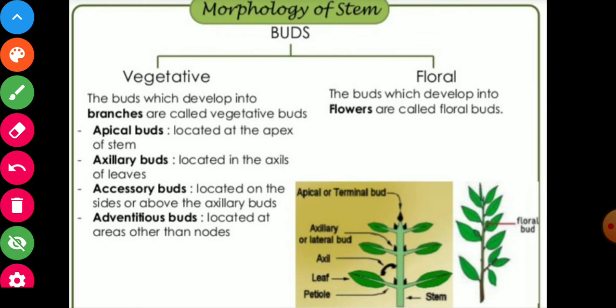Morphology of stem also has vegetative characteristics and floral characteristics, like in vegetative parts apical buds, axillary buds, accessory buds and adventitious buds.